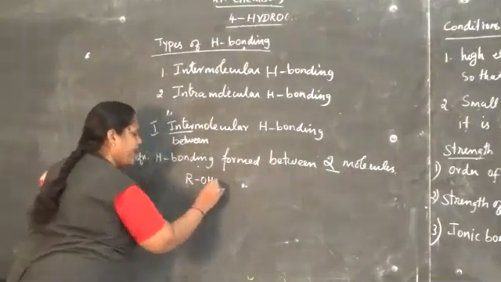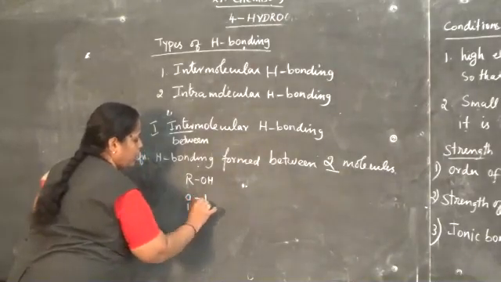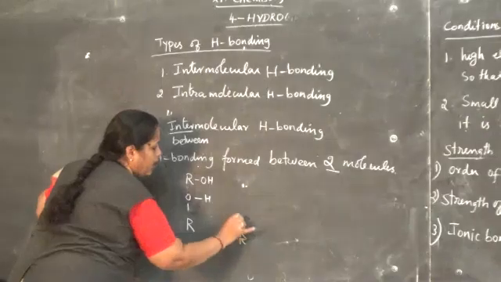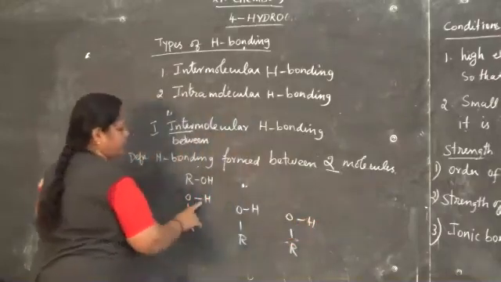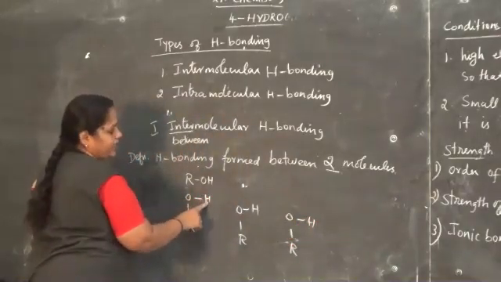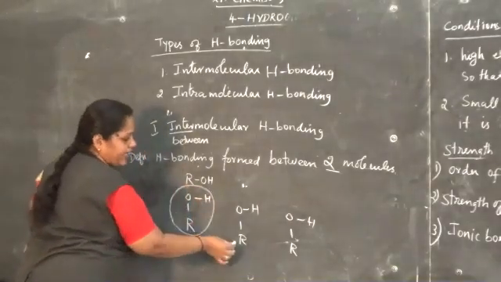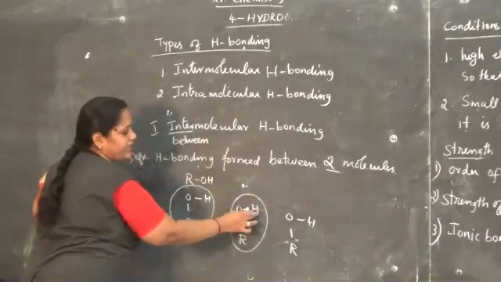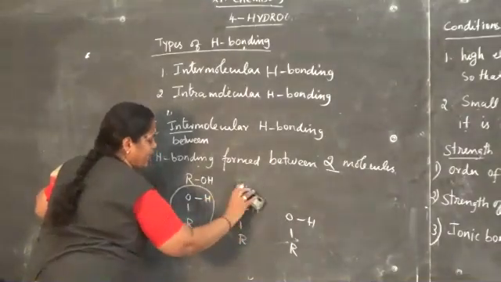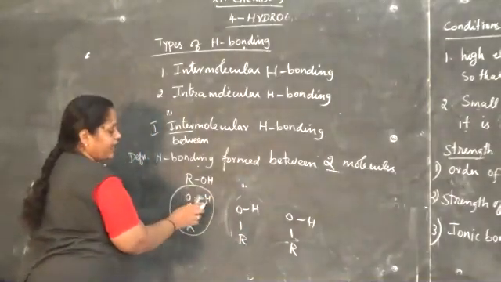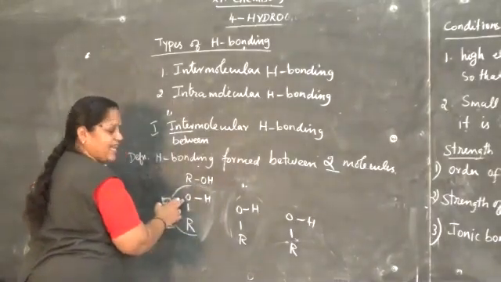So now I take many alcohols. I write ROH, I write another ROH. I take 3 only here. Here the hydrogen atom is covalently bonded with the oxygen atom in this alcohol. Like that, in this alcohol, this hydrogen atom is covalently bonded with the oxygen. Compared with oxygen, hydrogen is electropositive, oxygen is highly electronegative.